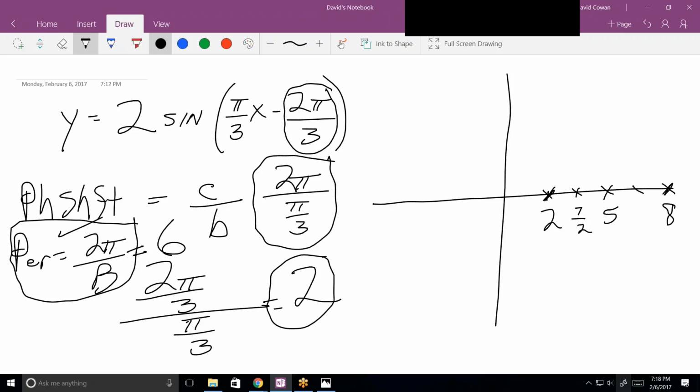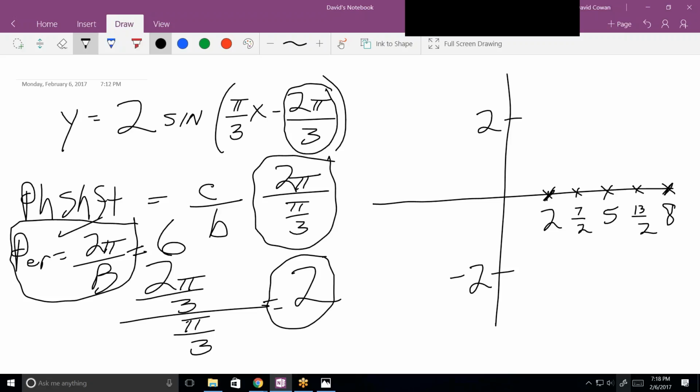This point right there, 13 halves. Now we've got all of our key points. Our amplitude is 2, so it's going to go up to 2 and down to -2. Now we're ready to draw one period of this thing. We've got everything we need to know.